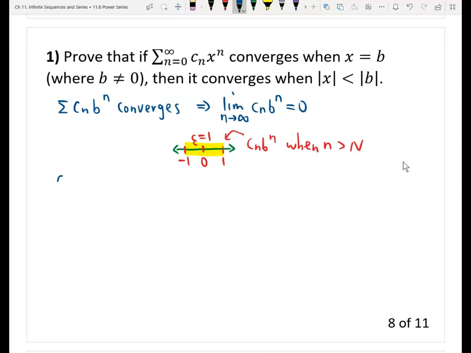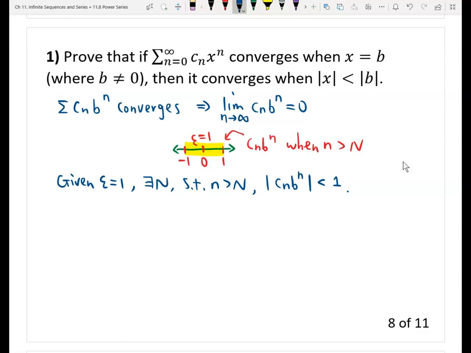This means given any epsilon, we pick epsilon equals 1, we can find a capital N such that when lowercase n is greater than capital N, we have the absolute value of Cn b raised to the nth power minus 0 controlled by epsilon, which is 1. That makes sense. That's the precise definition.